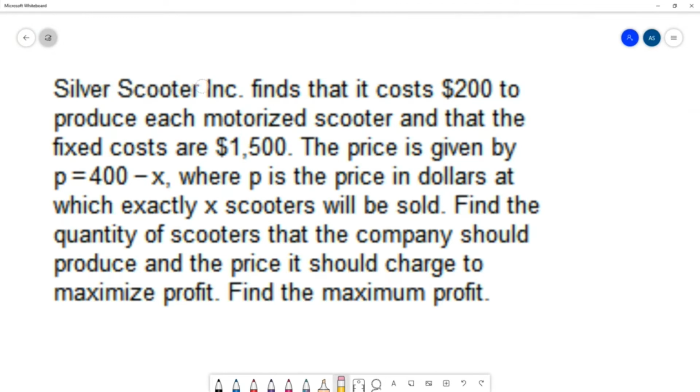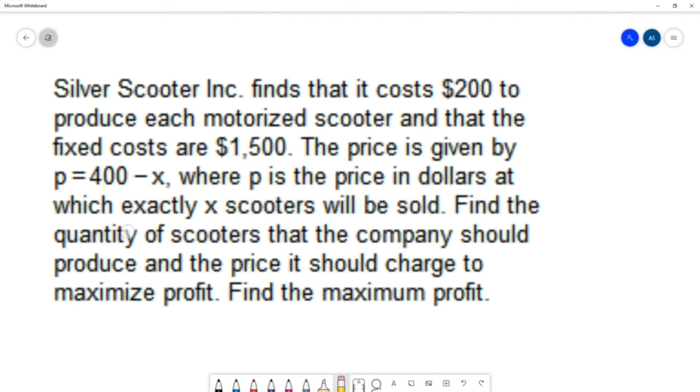Silver Scooter Incorporated finds that it costs $200 to produce each motorized scooter, and that the fixed costs are $1,500. The price given by P equals 400 minus X, where P is the price in dollars at which exactly X scooters will be sold.